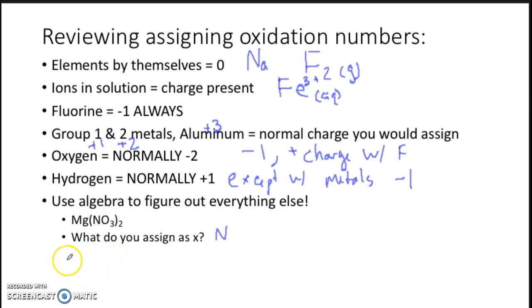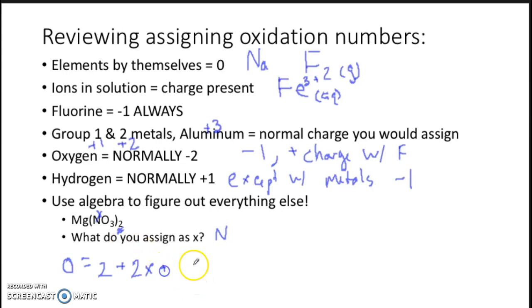So again, this whole thing is going to equal 0. And left to right here, I know my magnesium is a +2 charge. Nitrogen is what I am assigning as X, but notice this 2 out here. So I'm going to say that is +2X because I don't know what that is.